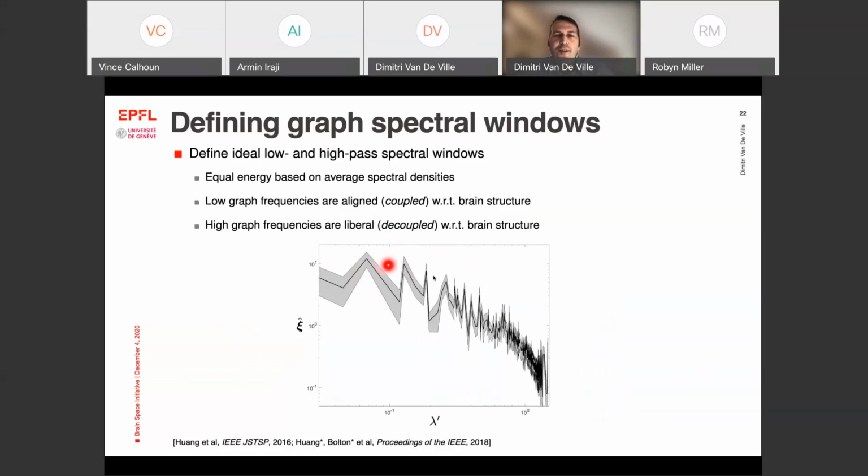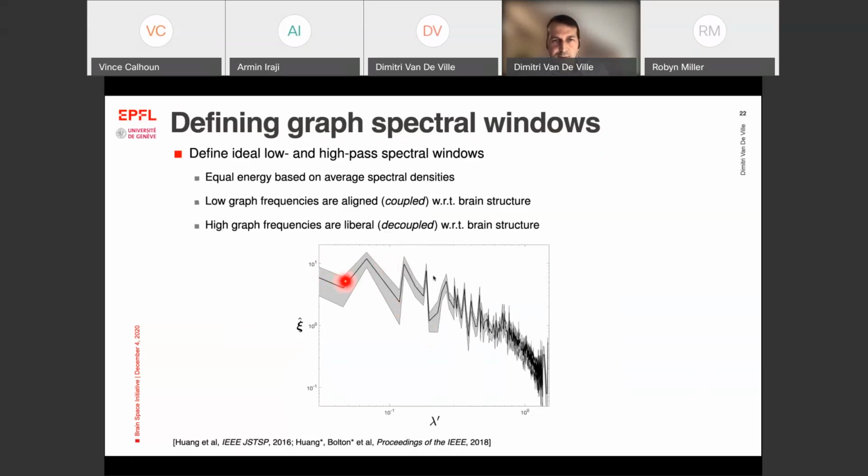So what we do next is define our GSP filtering operations. For that, we will define the filters by their spectral windows, and we will go quite simple. We choose an ideal low pass and an ideal high pass filter.